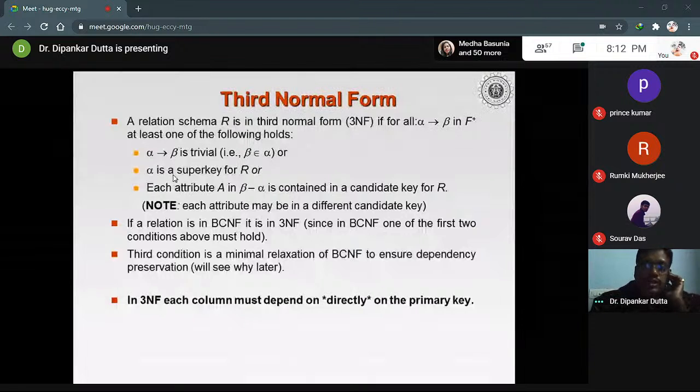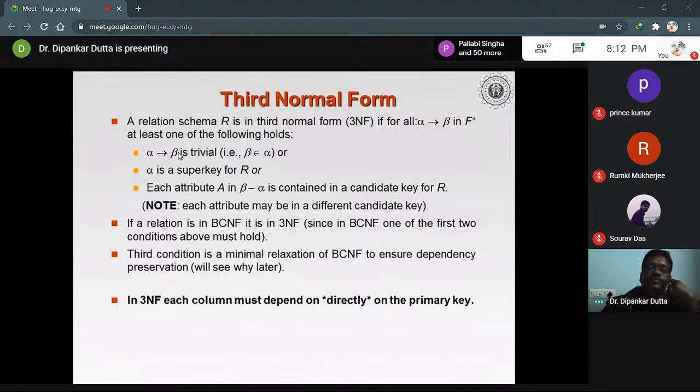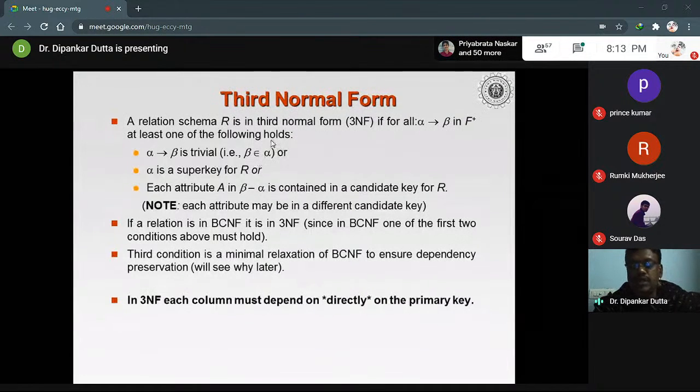If alpha implies beta and beta belongs to alpha, meaning if a functional dependency is like AB implies B, so B belongs to AB, then this condition is true.